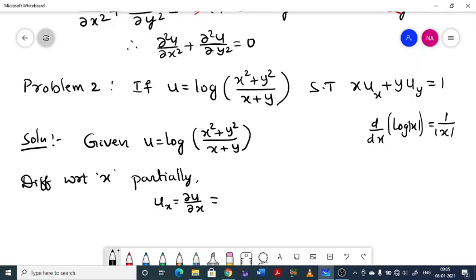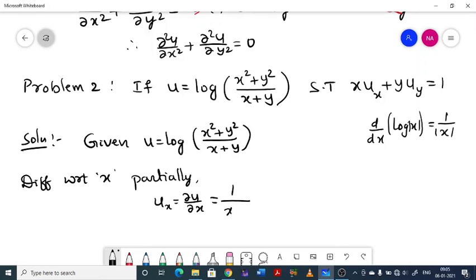dou u by dou x equal to, whatever the term you have in the bracket, see, log of x, differentiating that you get 1 by x. So whatever the term you have under the bracket, you have to write here 1 over that term.